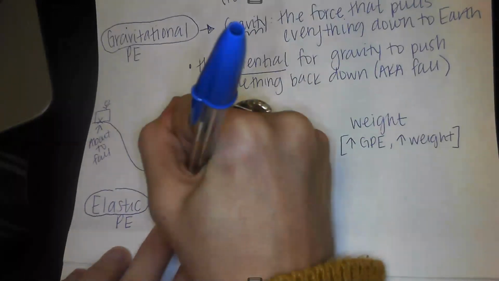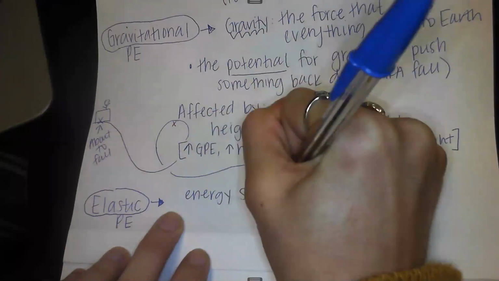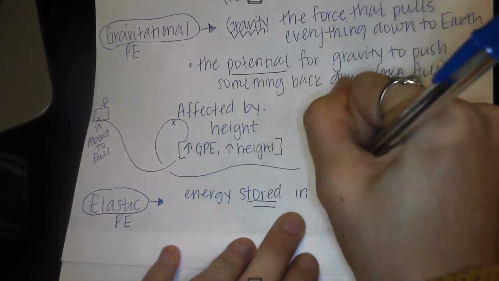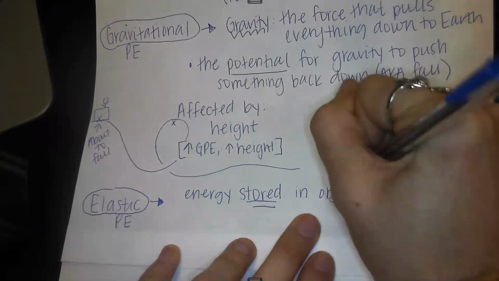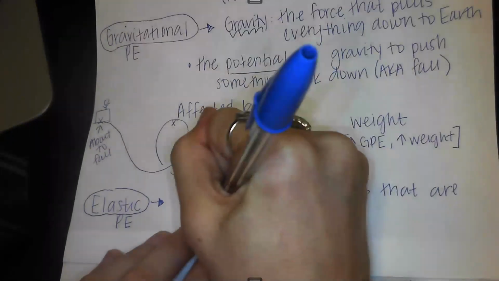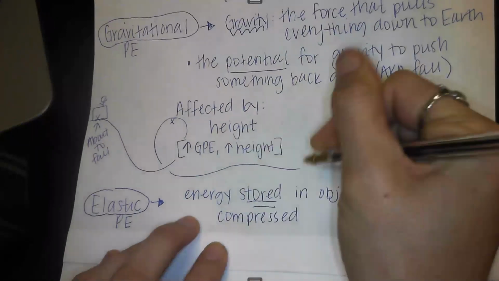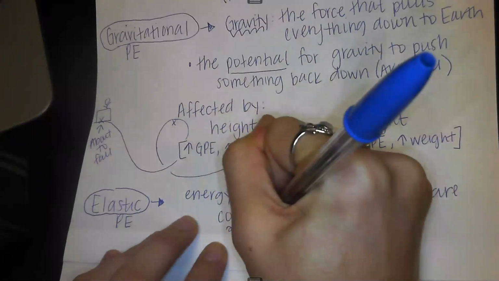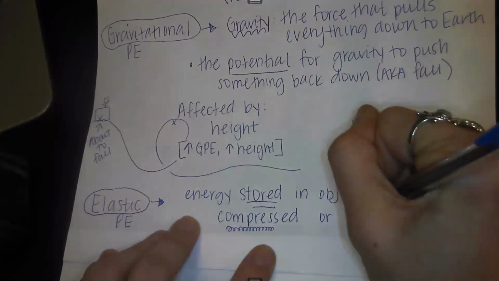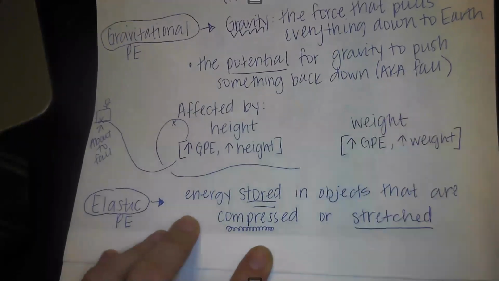This is energy that is stored in objects that are compressed or stretched. So compressed is like a slinky that's really close together, right? But if I pull that slinky apart, it's going to be flat.